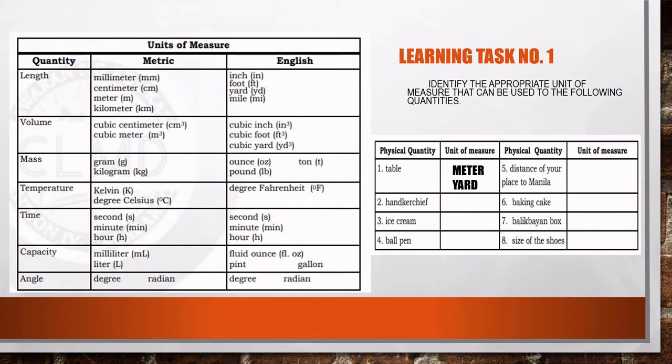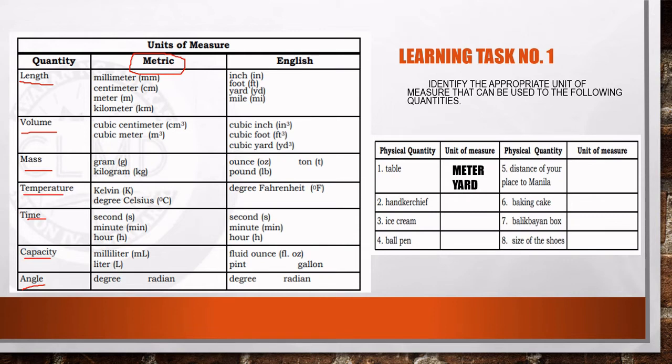Okay, you will see a table that shows the commonly used unit of measures for different quantities. So we have the length, volume, mass, temperature, time, capacity, and angle. Now, in the second column are the unit used in the metric system.